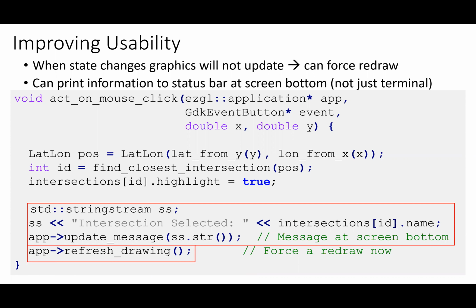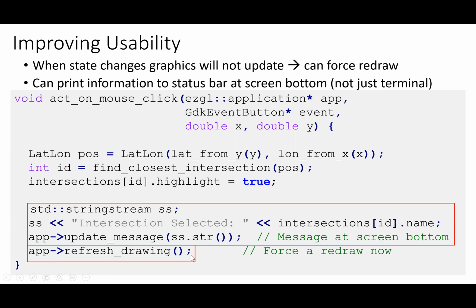But it can be a pain to go and duplicate some of your drawing code inside your mouse callback function and try to keep it up to date. So it's usually more convenient to just tell EasyGL, I want you to trigger a redraw, which is what this refresh drawing does.